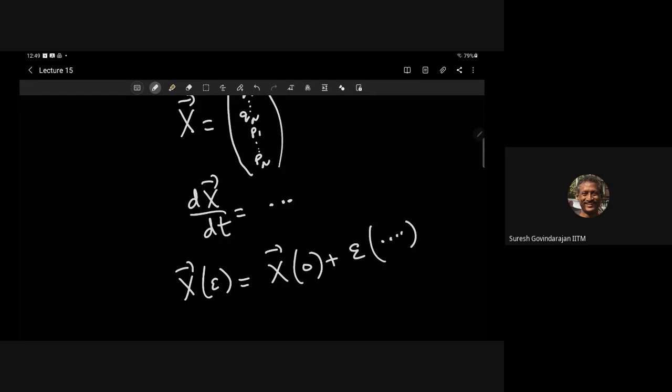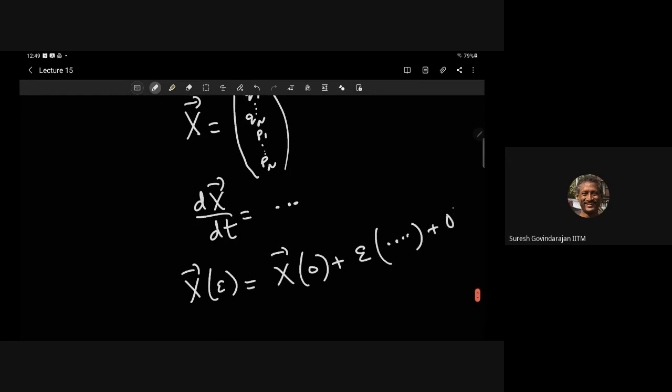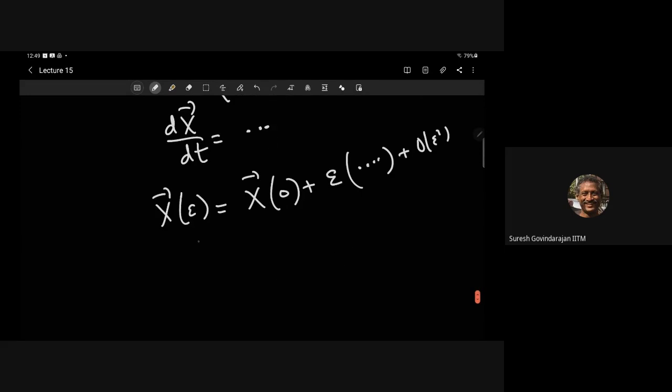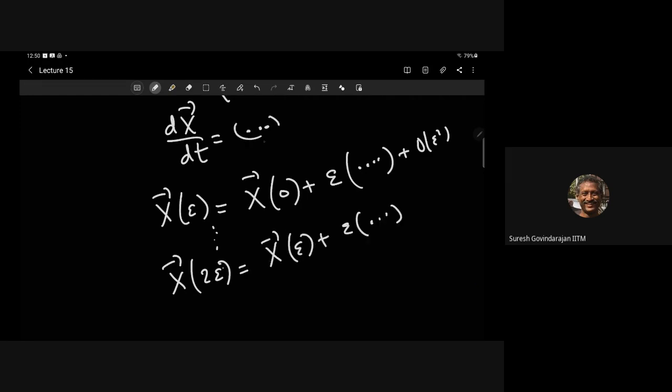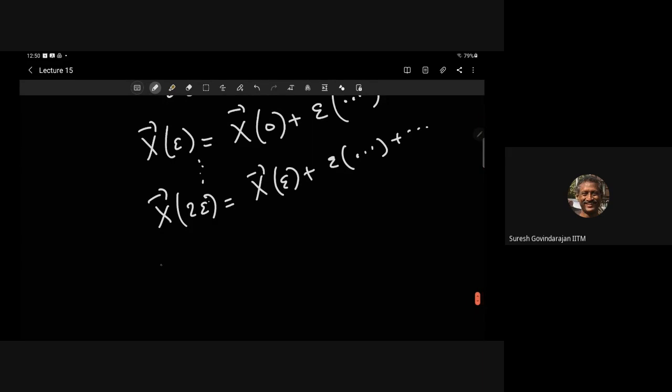So we can integrate, and if epsilon is small, we can throw out epsilon squared. So we get this thing. So keep on repeating these things. So x at 2 epsilon will be x at epsilon, but again epsilon times these triple dots evaluated at epsilon, of course, etc., etc. Okay, so you can integrate. So this is numerical integration. So this is really cool.